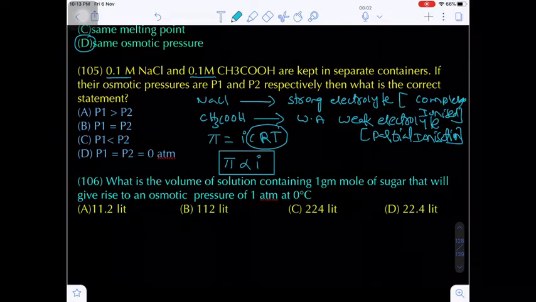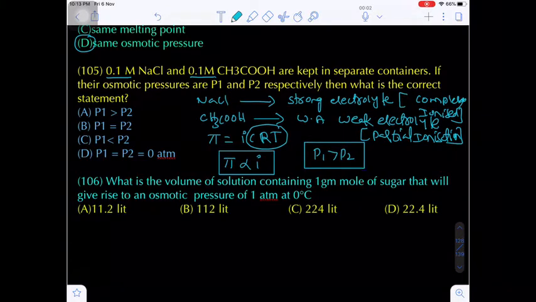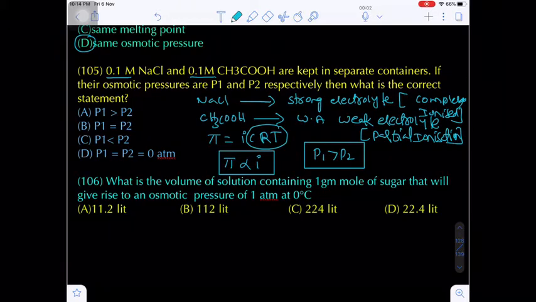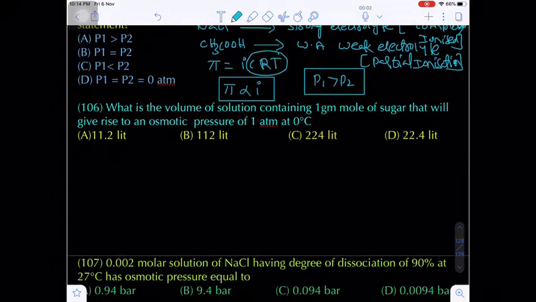That's why the Van 't Hoff factor for NaCl is more than that of acetic acid. That is the reason the osmotic pressure of NaCl will be greater than that of acetic acid. Because acetic acid is a weak acid, its extent of ionization will be very less, so the concentration of ions in the solution will be less compared to NaCl. That's why its osmotic pressure is also less.